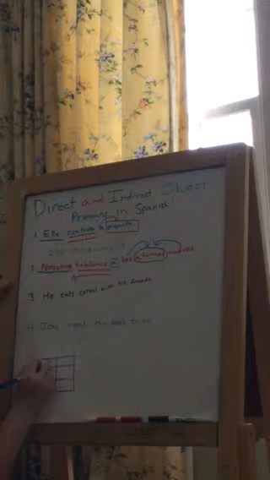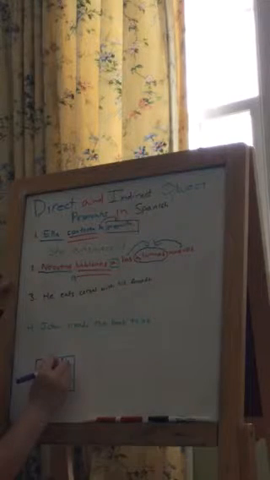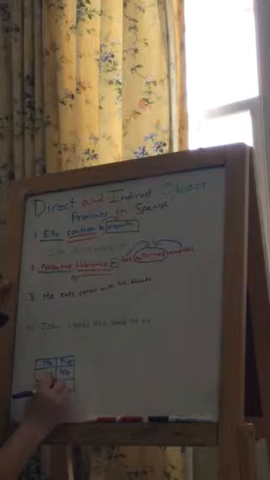You use subject pronouns and indirect object pronouns in order to show what the subject would be. So let me just quickly conjugate those for you. So we'll go me, te, le, nos, os, les. Okay, so that's what it would look like.